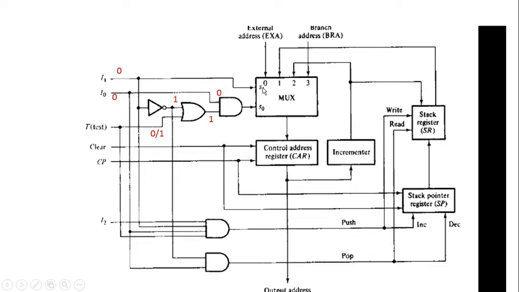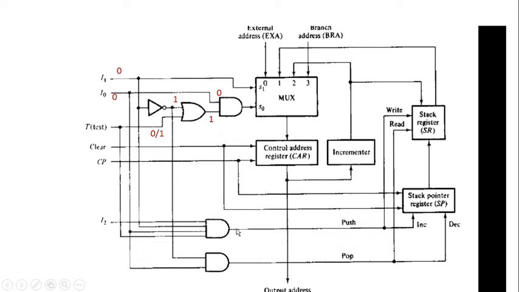In order to make S1 equal to 0 and S0 equal to 0, what is the input configuration? We want to set I1 as 0 and I0 as 0, and we can assign any value to the test input as well as to I2. I2 has no role in setting the inputs S1 and S0, because I2 is taken as an input for only this particular AND gate.